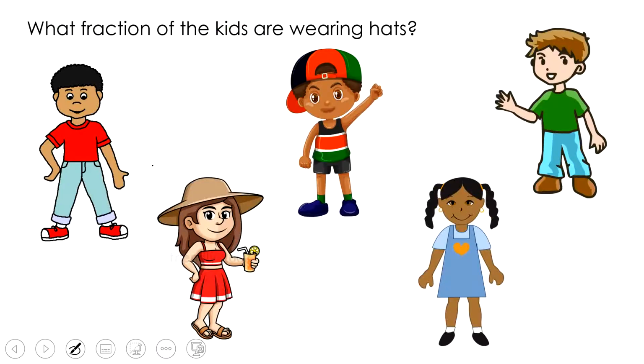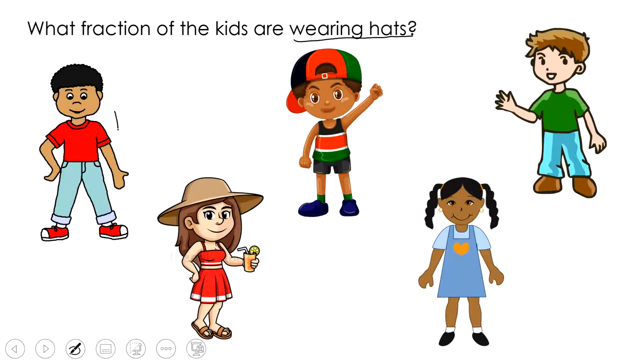So now that I have showed you how to do it, let's look at this question. What fraction of the kids are wearing hats? So I want to know how many people are wearing hats. But before I can figure out my fraction, remember, I've got to count all of the kids because that's going to be my denominator.